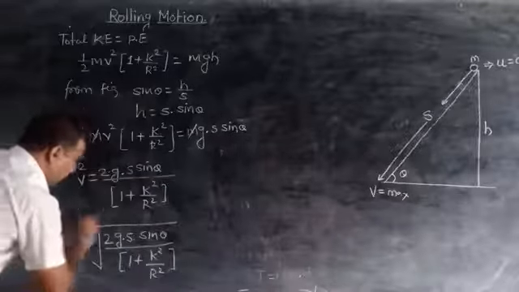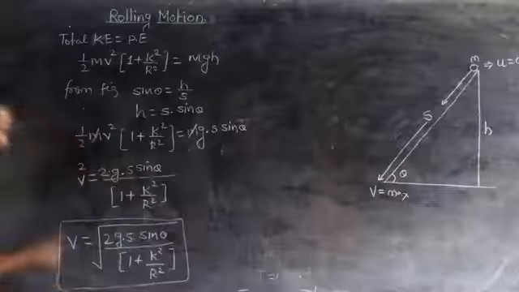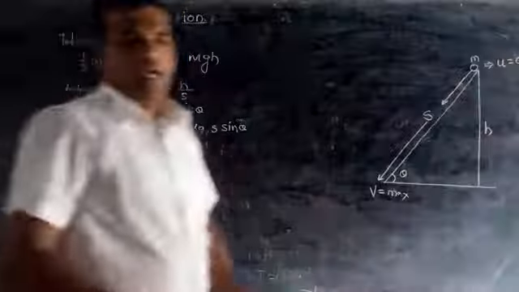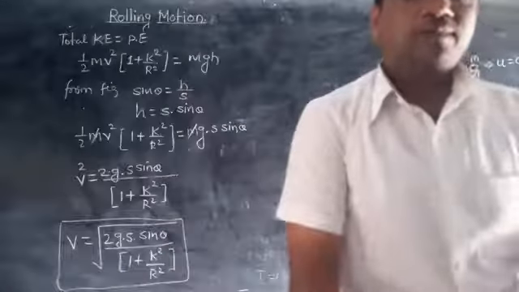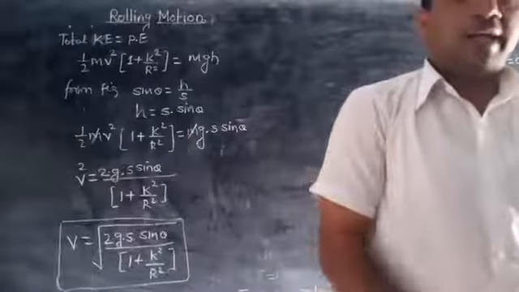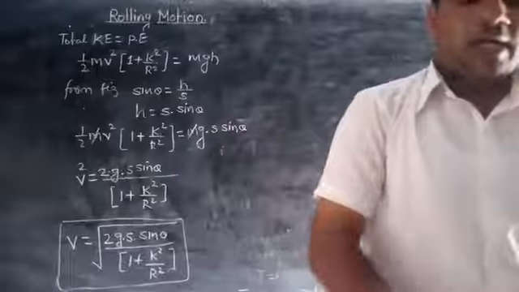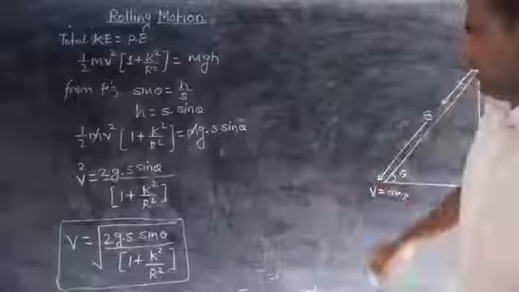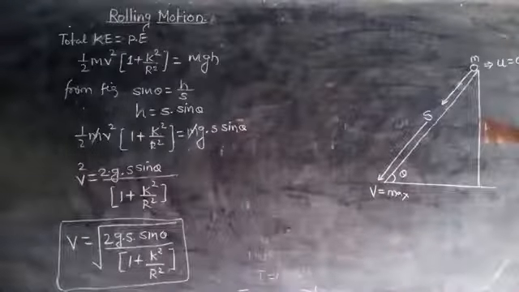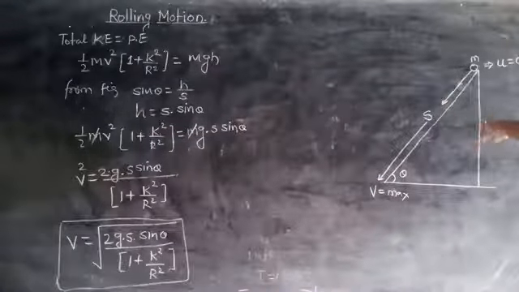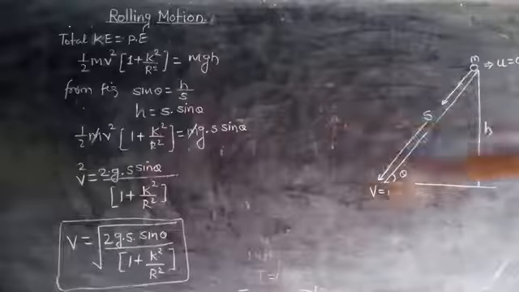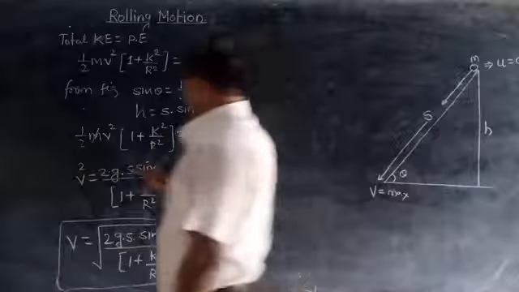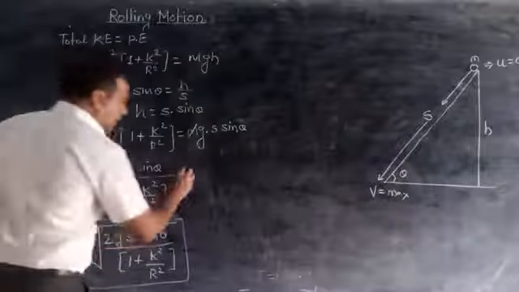This is the expression for linear speed of the body at the bottom, and then we have to determine the linear acceleration of the body at the bottom. Since sin theta is equal to h upon s, instead of s sin theta we can write only h.